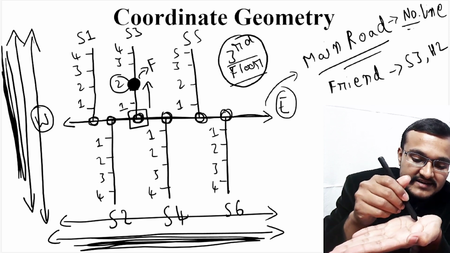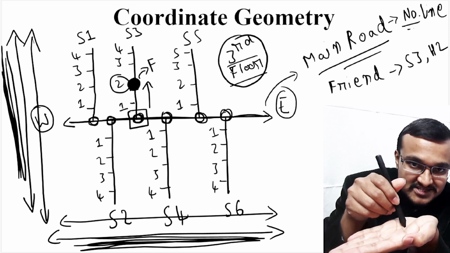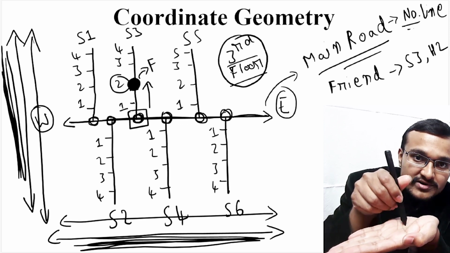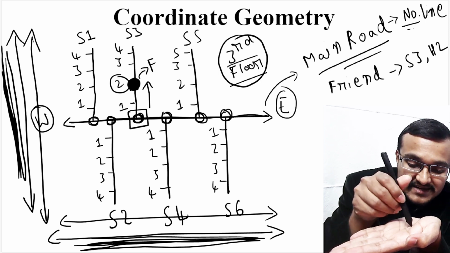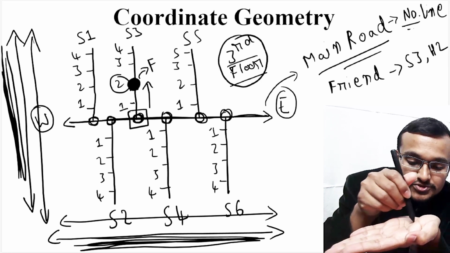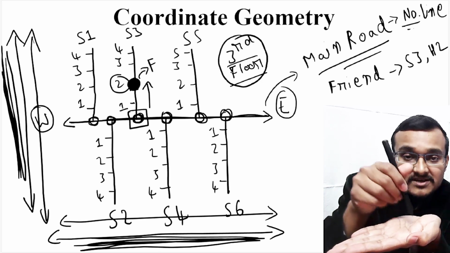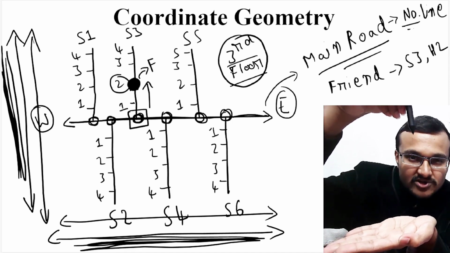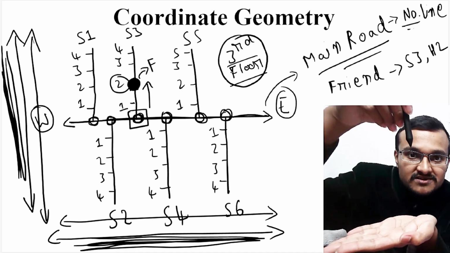So from west I have started and I have traveled up to street 3, and in street 3 I have traveled across the second allowed dimension, and on that second dimension I have got my house, my friend's house, that is house number 2, and that house I'm traveling like this in the lift or through stairs to reach the third floor.